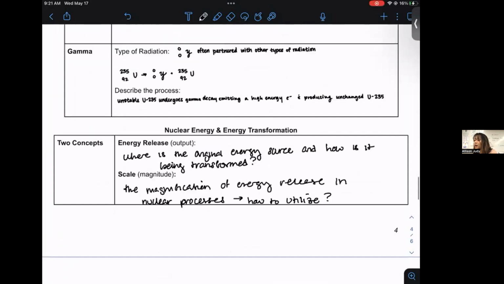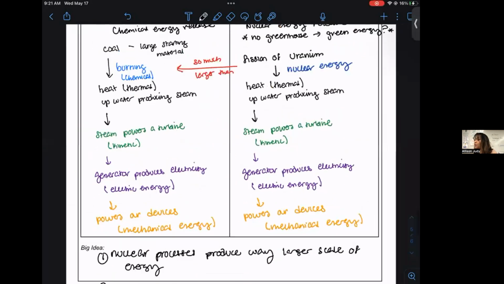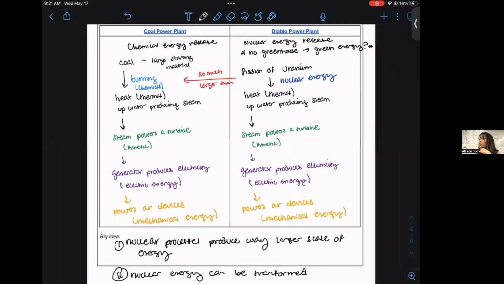And then honors, you will be asked to do it with beta and gamma as well. It's not that hard of a test. It's actually really short. It's just making sure that when you answer the test questions, you answer it fully and you answer it well.